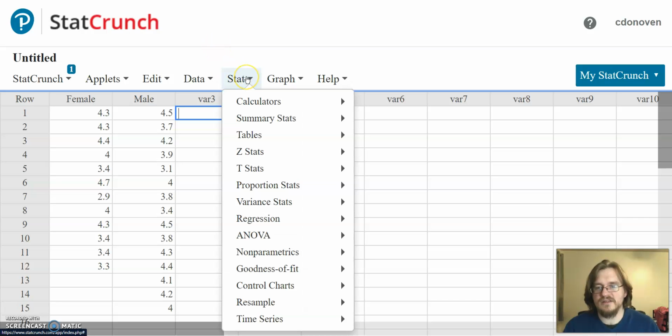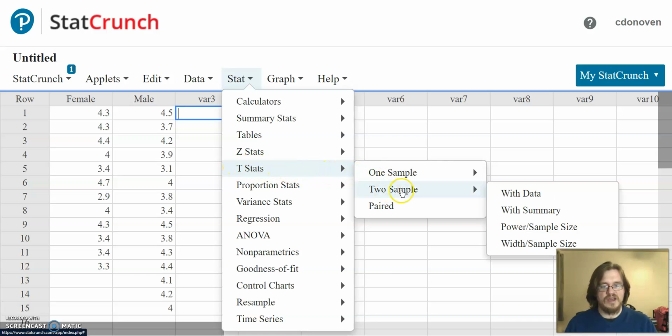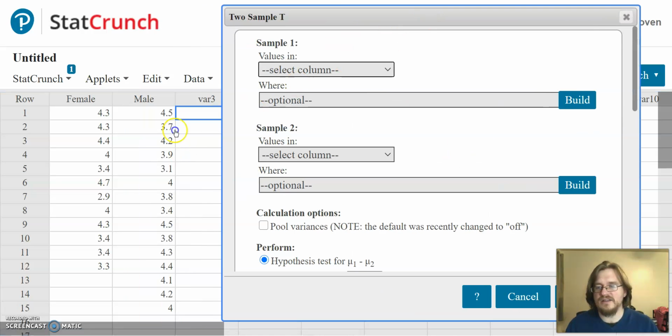So let us go to statistics again. We are looking at T statistics. We have two samples, and we have all the data values already given in these two columns. So we have female and male professors.